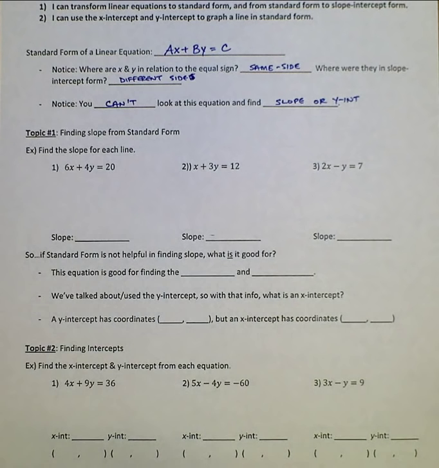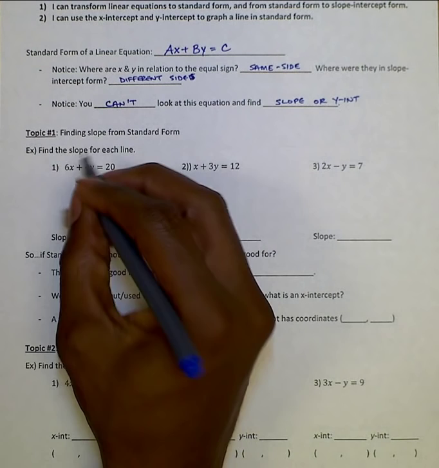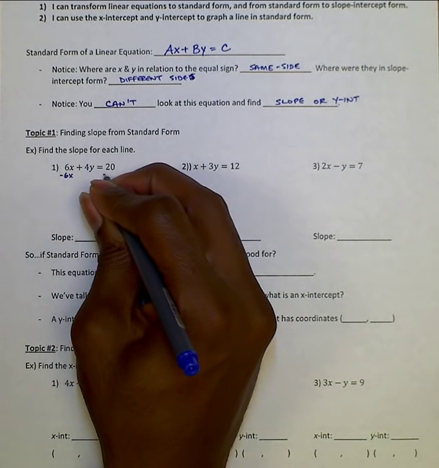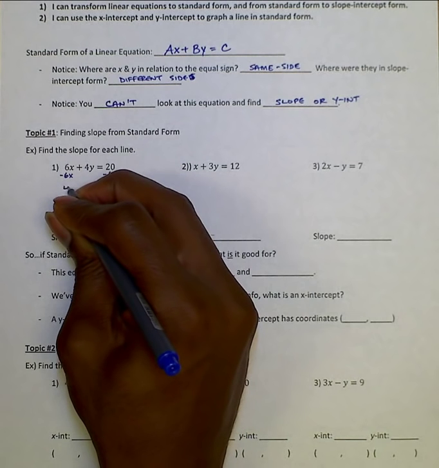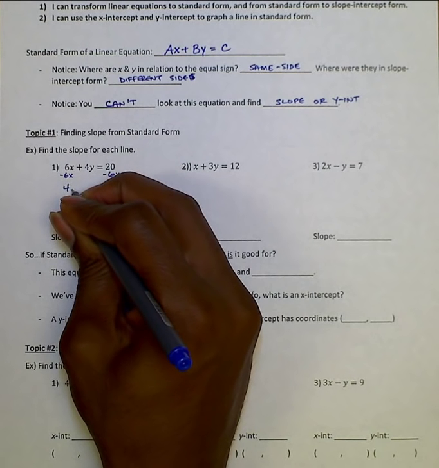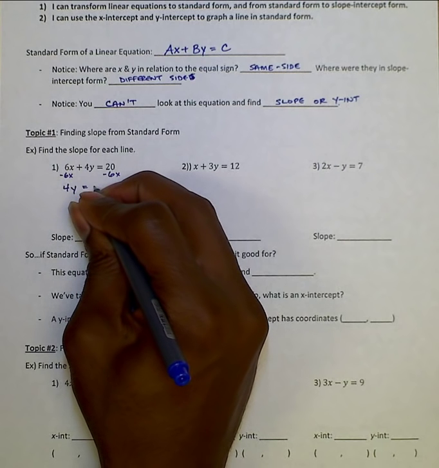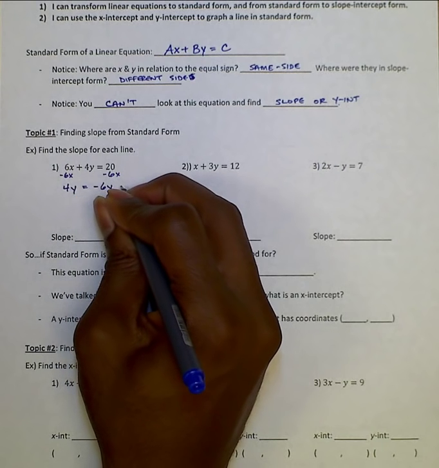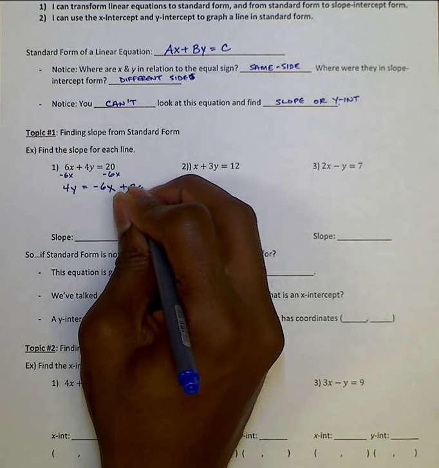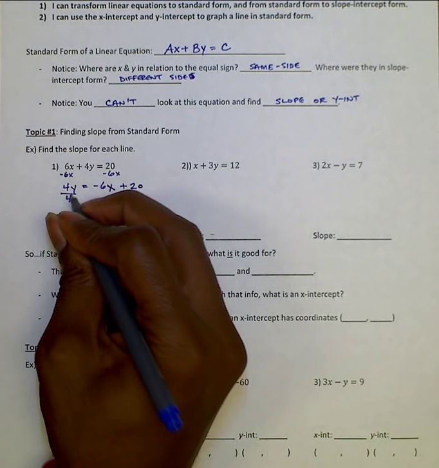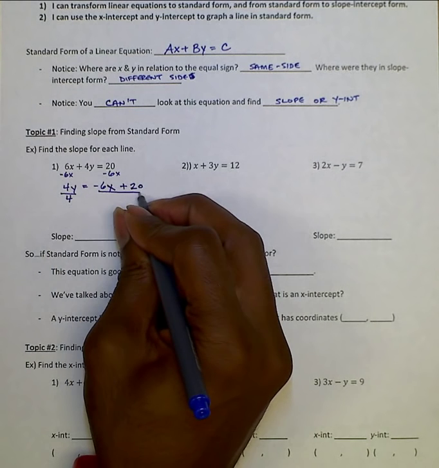So if we're trying to find the slope here for the first problem, we're going to solve for y, like our literal equations. The first thing we do is subtract 6x from both sides, and that will leave us with 4y equals negative 6x plus 20. Then we'll divide by 4, because that will get y all the way by itself, so we're dividing everything on this side by 4.